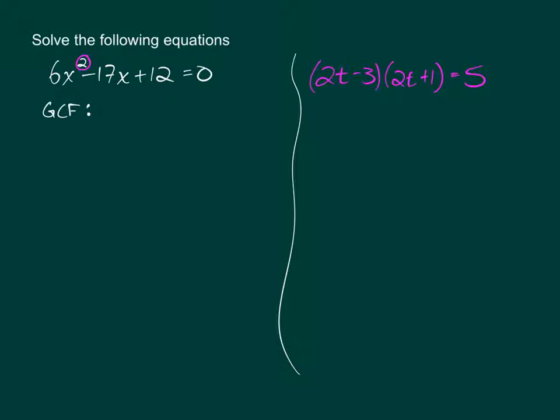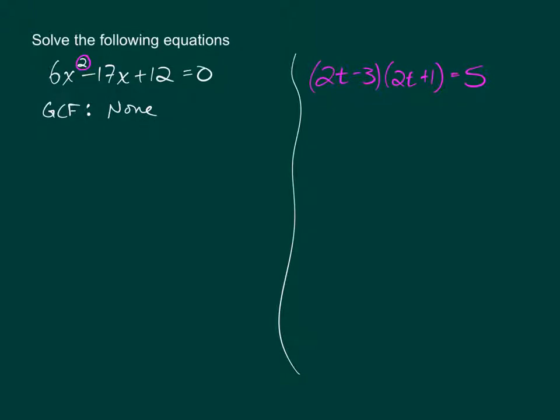Something that's just not 1. Another thing that you might notice is that each term would have the same variable, like in this example, x. But they don't all have an x. And you can't divide 6 by anything. Well, certainly you can't divide 6 by 17, but you can't divide 17 by 6 or any factor of 6. So there's no GCF here.